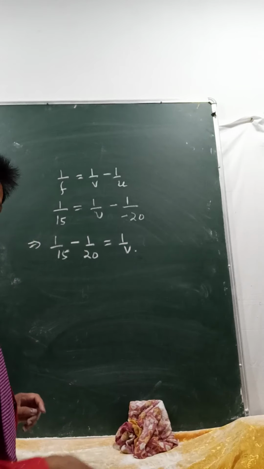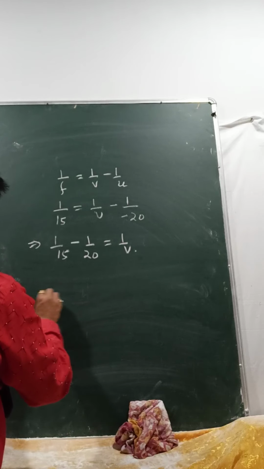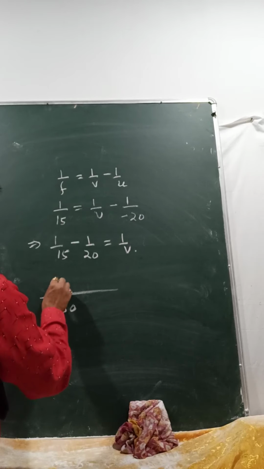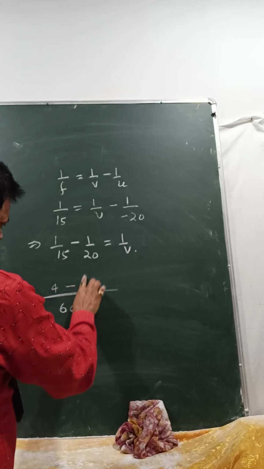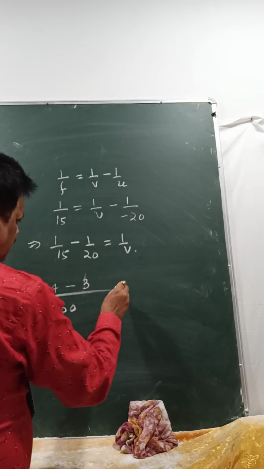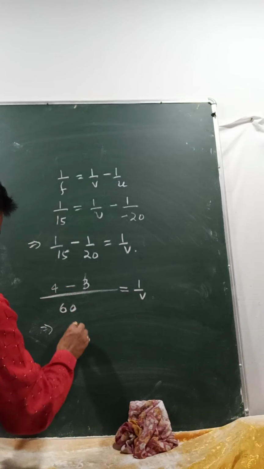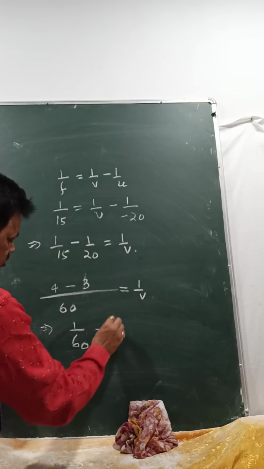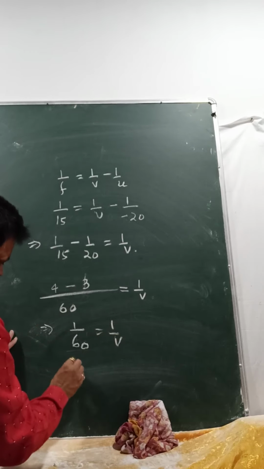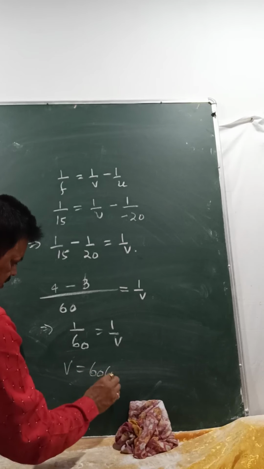Then 60 is the LCM. This is 4 minus 3, which is 1 by 60 equals 1 by v. So v equals 60 centimeter.